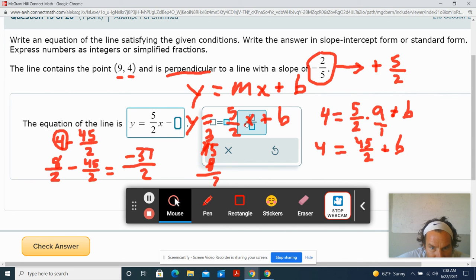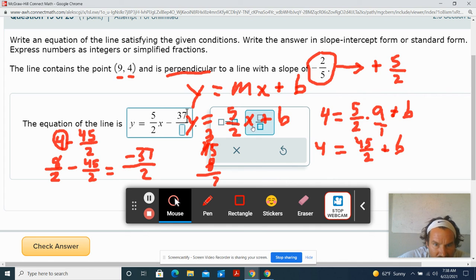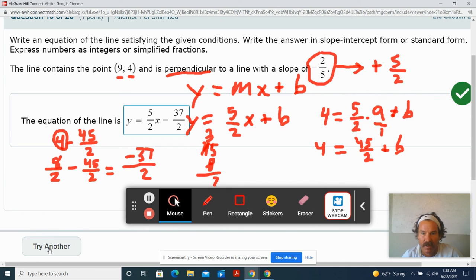And then I can just put 37 on top. And I can put 2 on the bottom. Okay. So let me double check here to make sure I typed it in right. I think I got it. I'm going to check my answer. And I should get the green check mark. Okay. And that's the last few problems, 19 through 25.